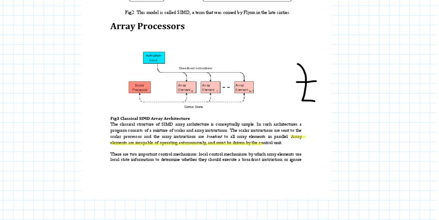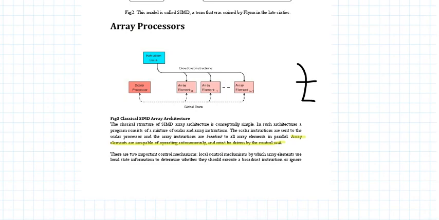Because although the explicit instructions are independent of one another, it might be the case that this variable A is a part of a single data. In that case, you cannot treat them as independent of one another.